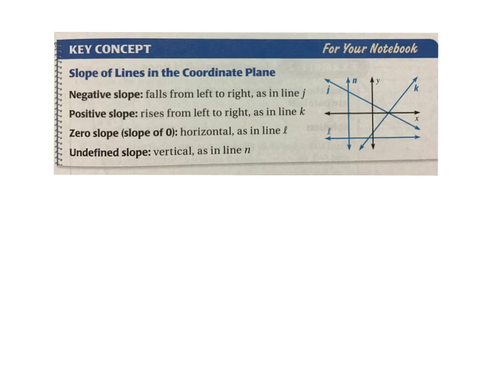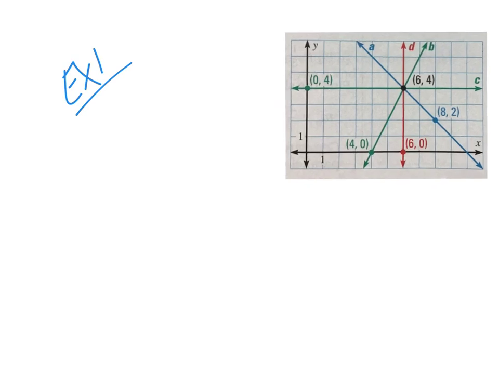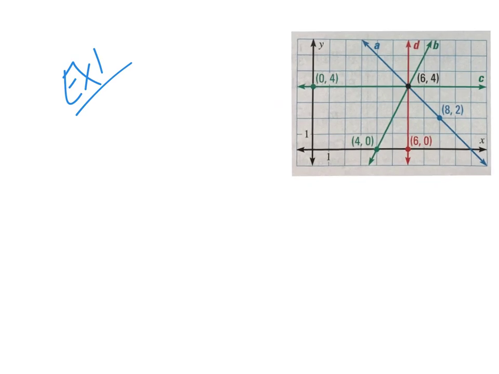So let's look at example 1. All right, you have a coordinate plane with some lines on here, and they would like you to find the slope of line A and the slope of line D. A is the blue line.